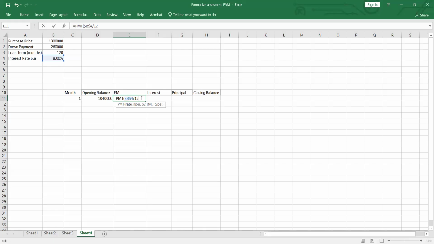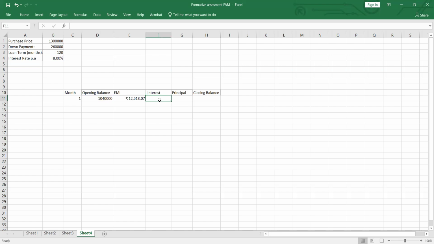Then NPER is 120 months, and our PV is 1040. We put the dollar sign again, and future value is 0. This is my EMI. This is my expense, so this is minus. We put the minus sign on the PMT. So this is my EMI.